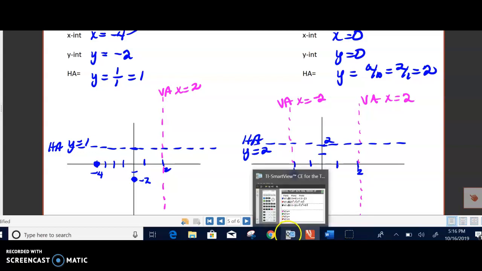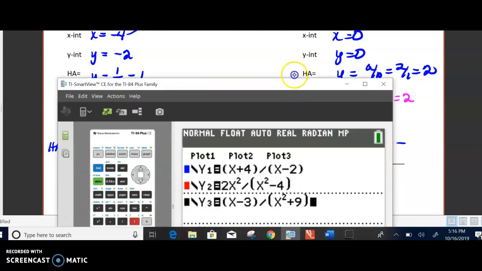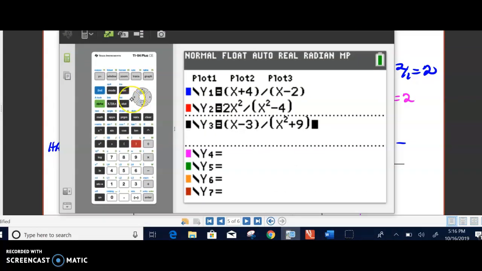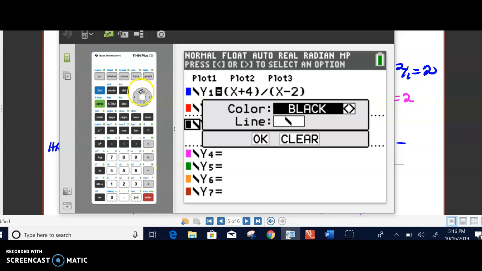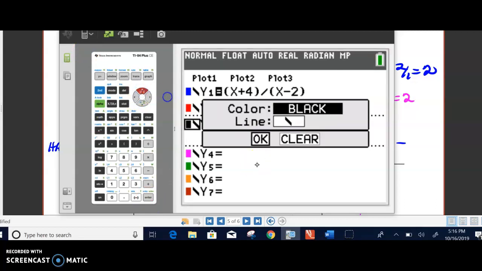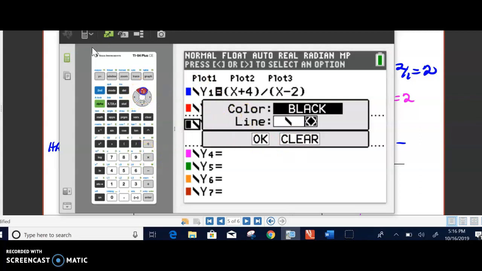So when we go to our calculator to graph that one, let me come over here and turn the rest of these off. Enter, turn him off. Okay, I'm not sure what you want me to do here. I want to go up here.